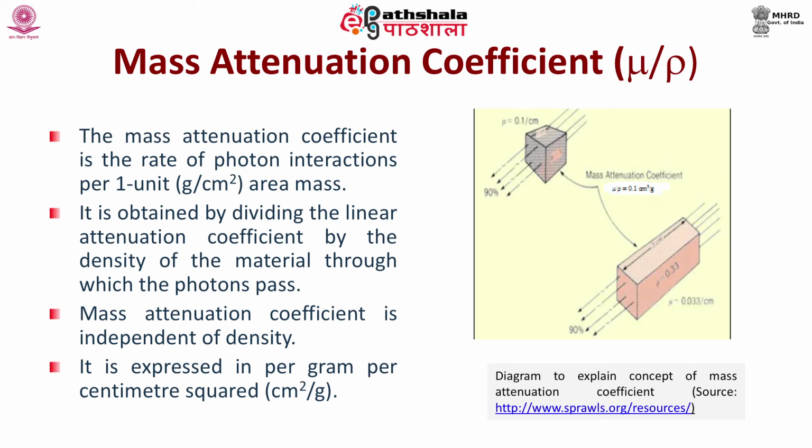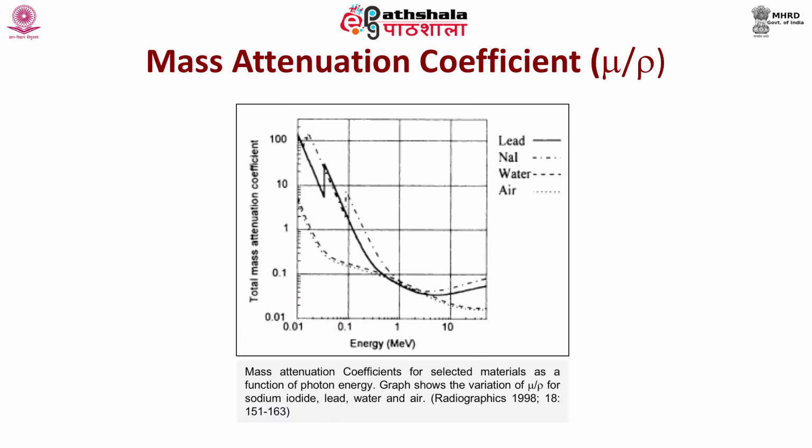The concept of mass attenuation is explained in the adjoining figure. This graph explains how the mass attenuation coefficient of a particular material varies with energy. The materials described here include high atomic number materials, that is lead and sodium iodide, and low atomic number materials, water and air.